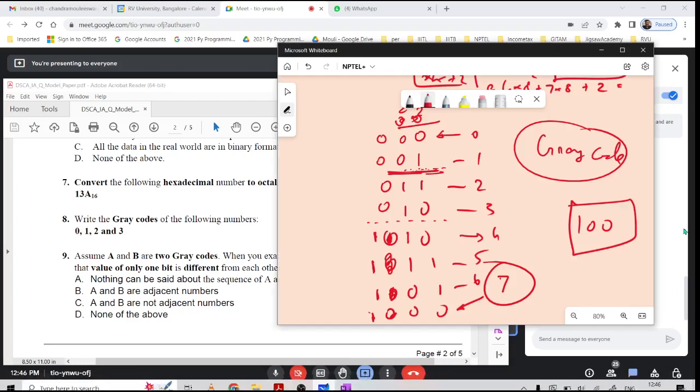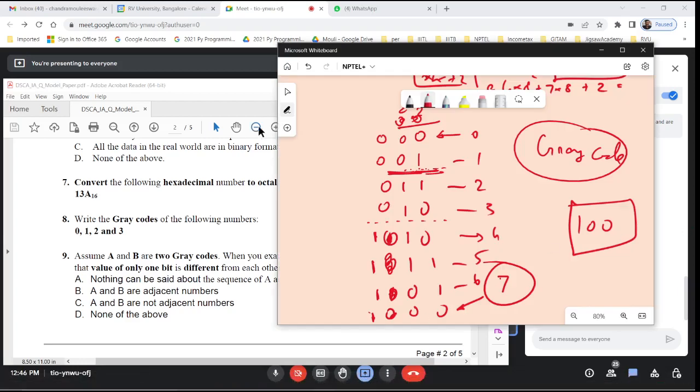Let me take two adjacent numbers from what we have created. You see that only one bit, this bit and this bit, is different between them. Only one bit is changed. These are all the same.